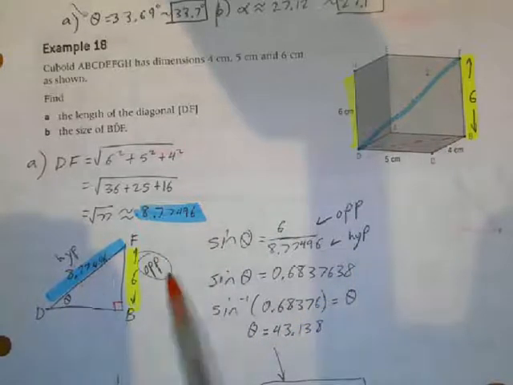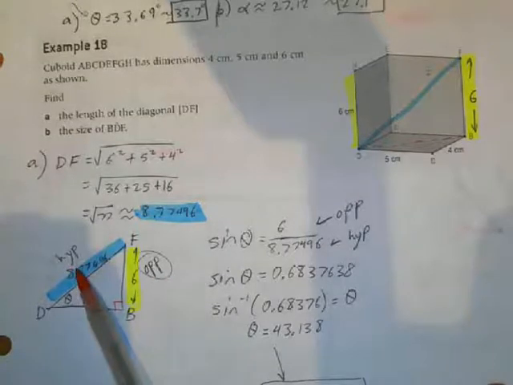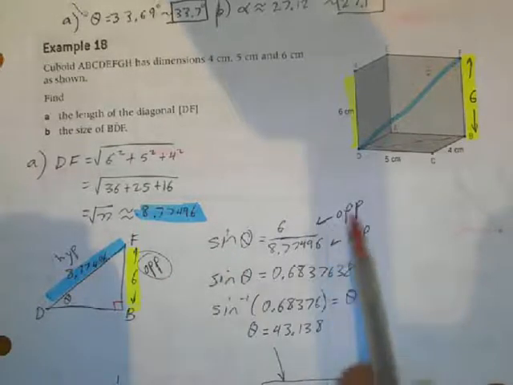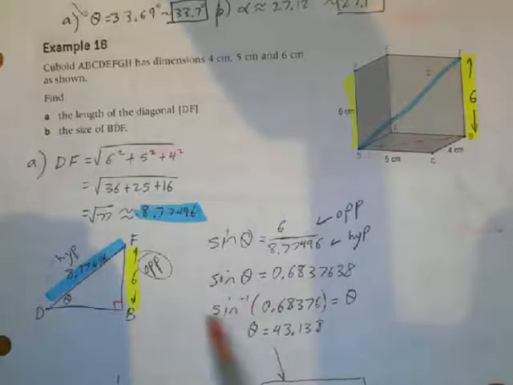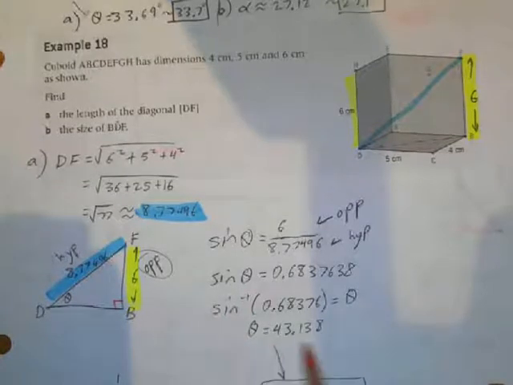So I've got opposite and hypotenuse. I'm going to use sine, which is opposite over hypotenuse. We convert that to a decimal. We do our inverse sine, hitting second sine, and then we get our angle. Okay? You may want to hit pause to copy this down.